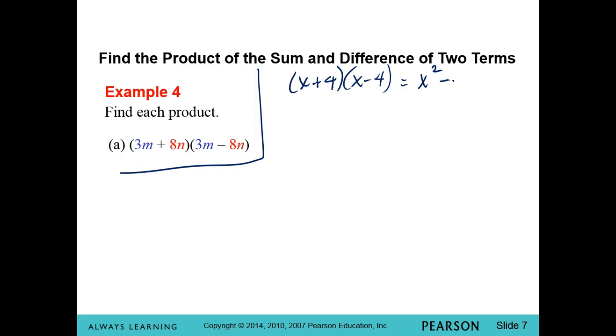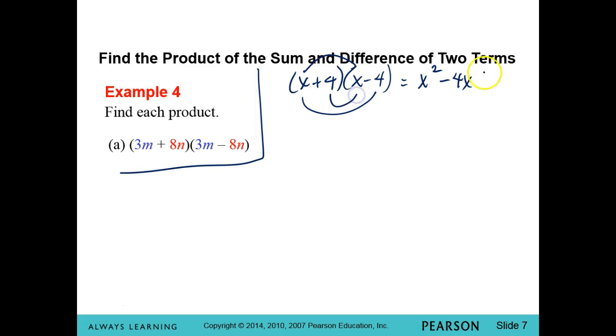Minus what? You're foiling it? Oh, okay, yeah. If you're going to foil it, yeah, we'll foil it. That was your X squared, and your outer was minus 4X. That's perfectly legal in most states, okay? Next. Second.